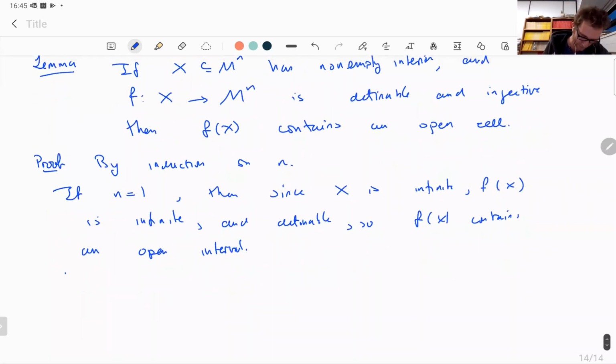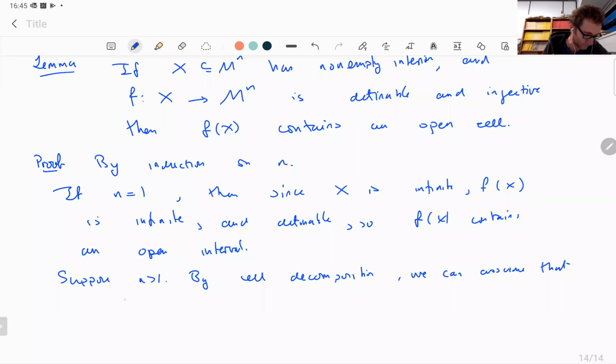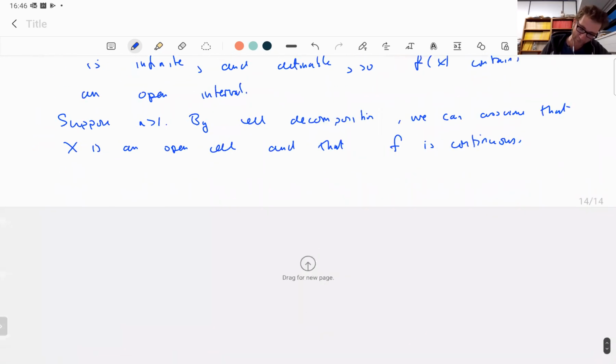Okay, so let's suppose n is bigger than 1. So by cell decomposition, we can assume that X is an open cell and that f is continuous. So then I can cell decompose the image.